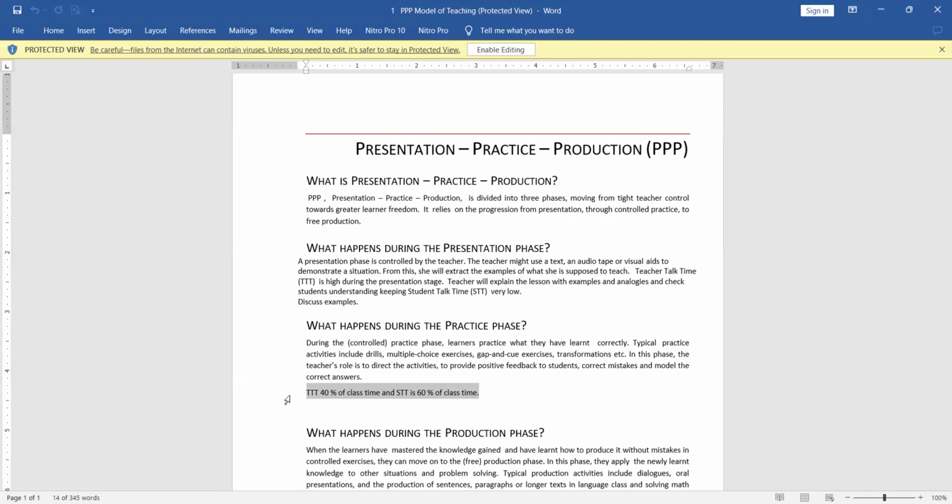Out of the 40 minutes, more than 20 minutes are taken for the practice stage. During this stage, teacher gets the learner to practice what they were taught during the presentation stage.